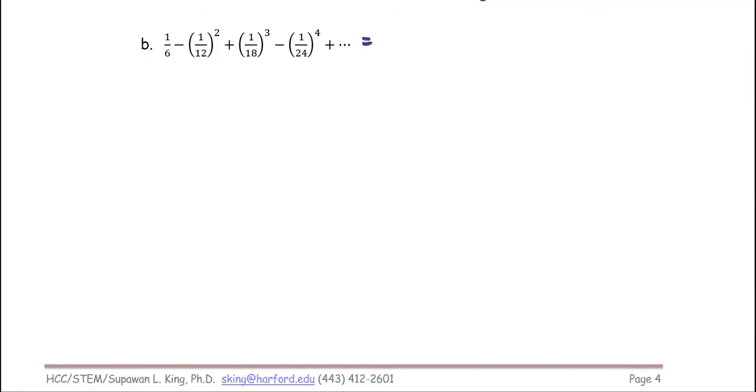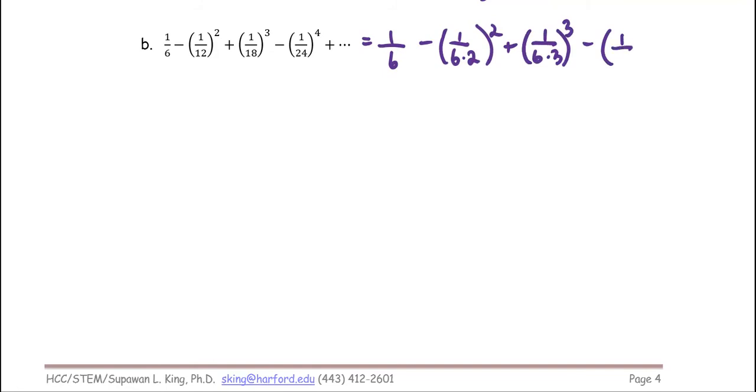We write it in the general form as 1 over 6 as the first term, the next term 1 over 12 as 1 over (6 times 2) raised to the second power, plus the third term, which is 1 over (6 times 3) raised to the third power, minus the fourth term, which is 1 over (6 times 4) raised to the fourth power. So we see the denominator as the product of 6 and k, raised to the power k.